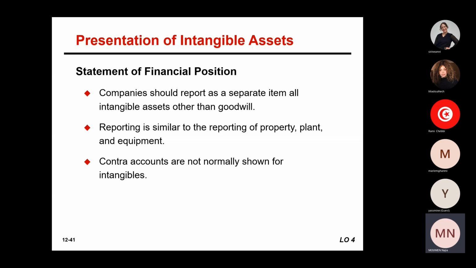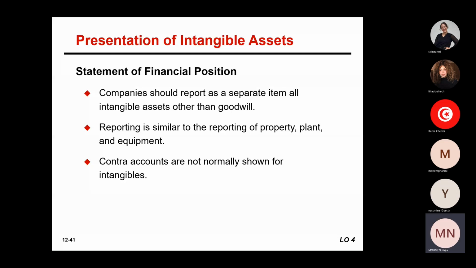Okay, what is specific to intangible assets, and remember when we talked about those with limited useful life, when we record the amortization expense, we don't use a contra asset account, for example accumulated amortization for license or for patent or whatever.